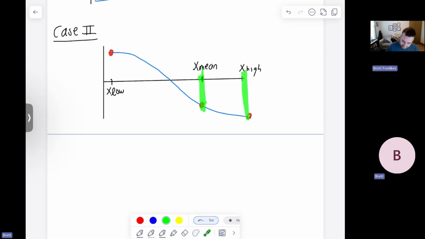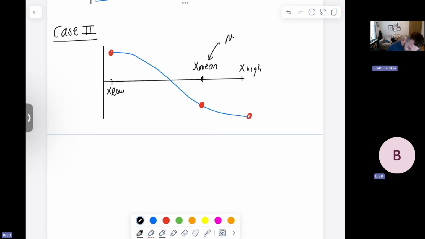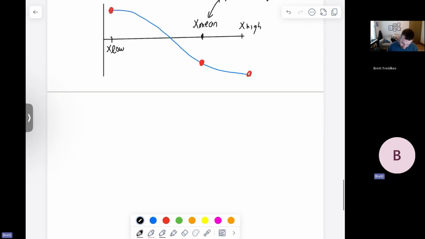The root is not in between those two. So X mean cannot be the new X low. Instead, X mean is going to become the new X high. So we had a case where X low is replaced, and we just had a case where X high is replaced.